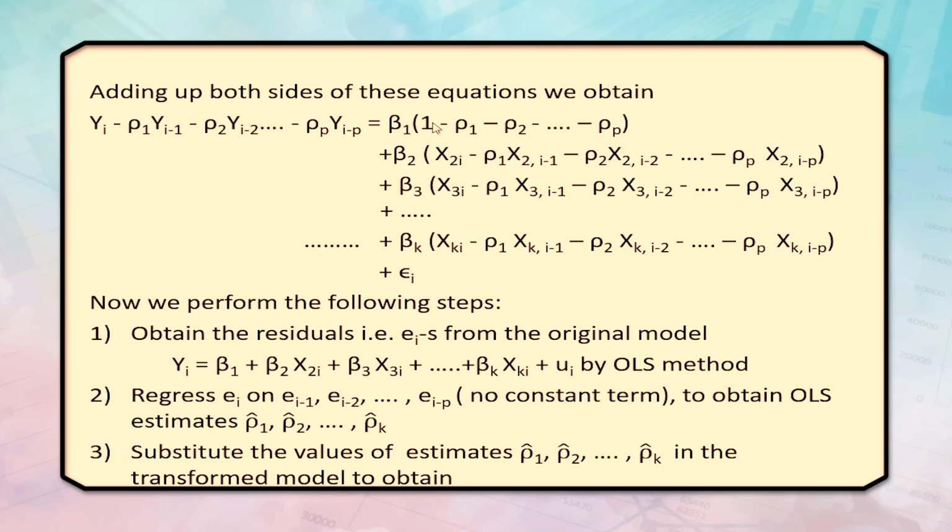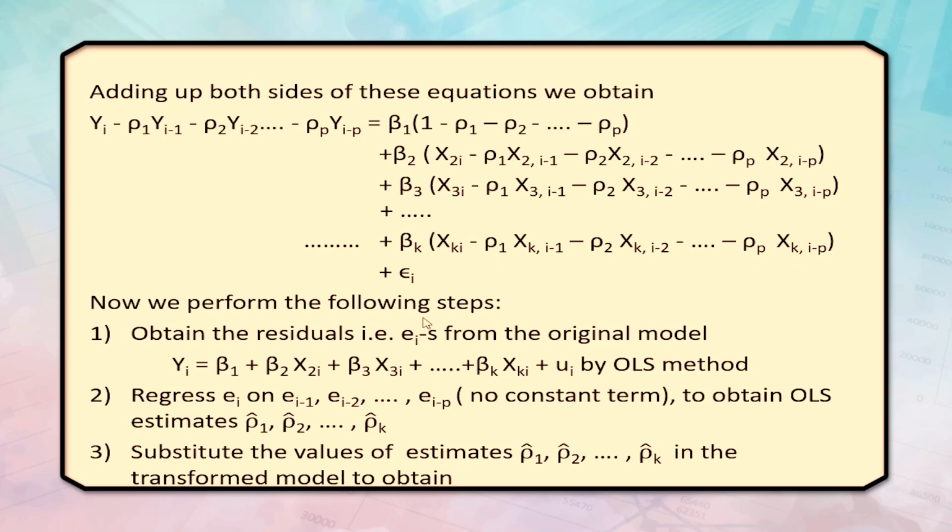Similarly, on the right hand side, instead of beta 1 we have beta 1 times 1 minus rho 1 minus rho 2 etc. Then we have beta 2, instead of simply x_2i we have x_2i minus rho 1 x_2(i-1), rho 2 x_2(i-2) up to rho p x_2(i-p), each of these terms multiplied by their corresponding autocorrelation coefficients, and that goes right up to beta k. So, beta k not into x_ki, but x_ki minus rho 1 x_k(i-1), rho 2 x_k(i-2), right up to rho p x_k(i-p).